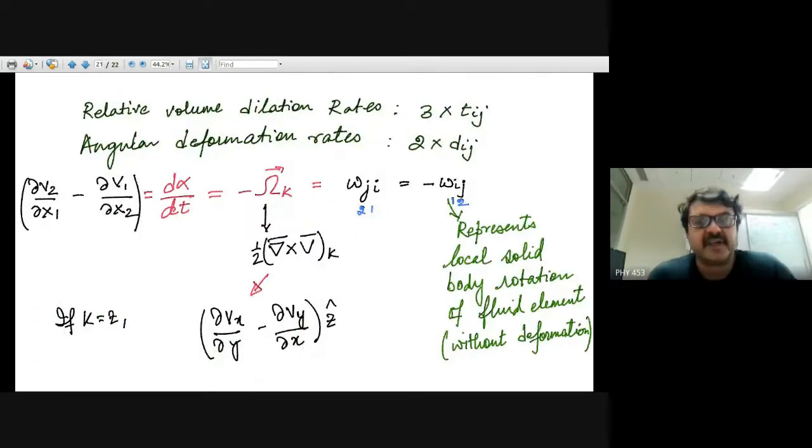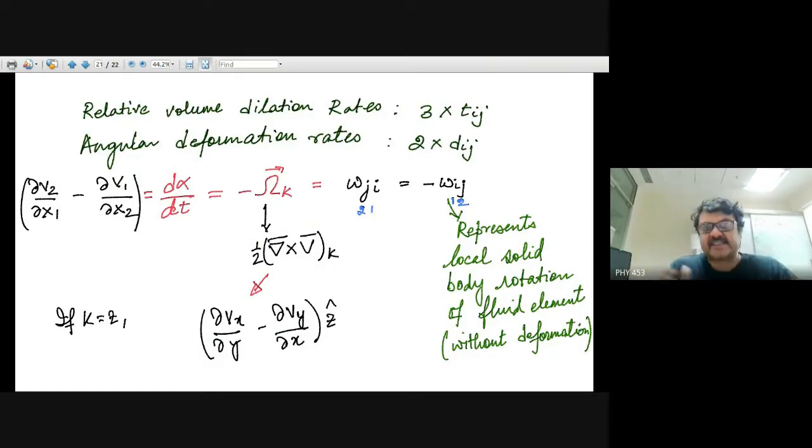Now we will see this Gij tensor with an example in the next class. But just to summarize, the relative volume dilation rate is 3 into Tij. The angular deformation rate is 2 into Dij.